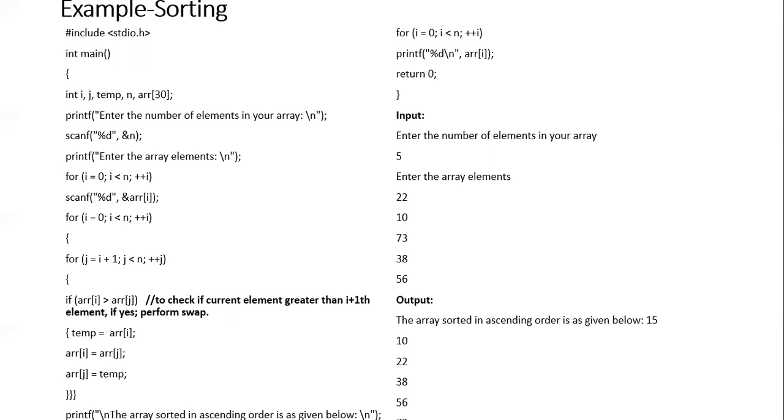Then your jth element, the second element, will move into the first element. Now the second place is free, because the second element has moved to the first. So what is in temp will now be held in the second position.